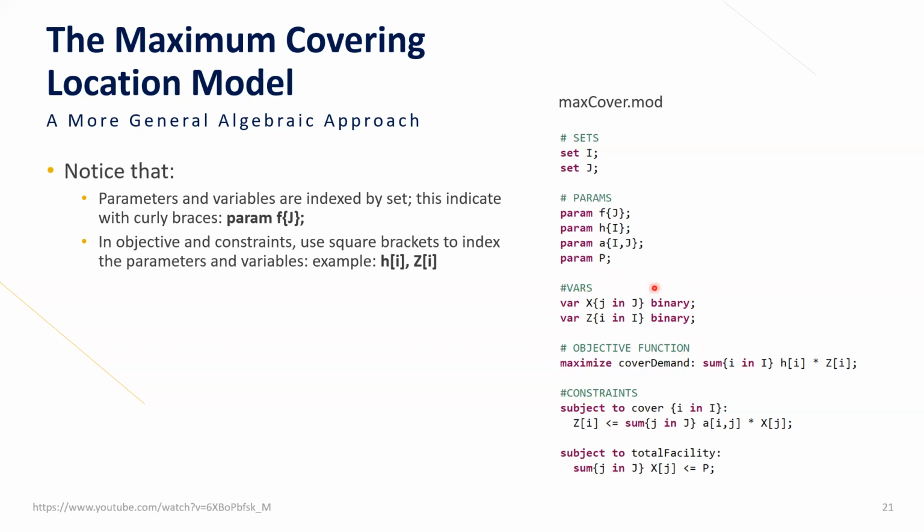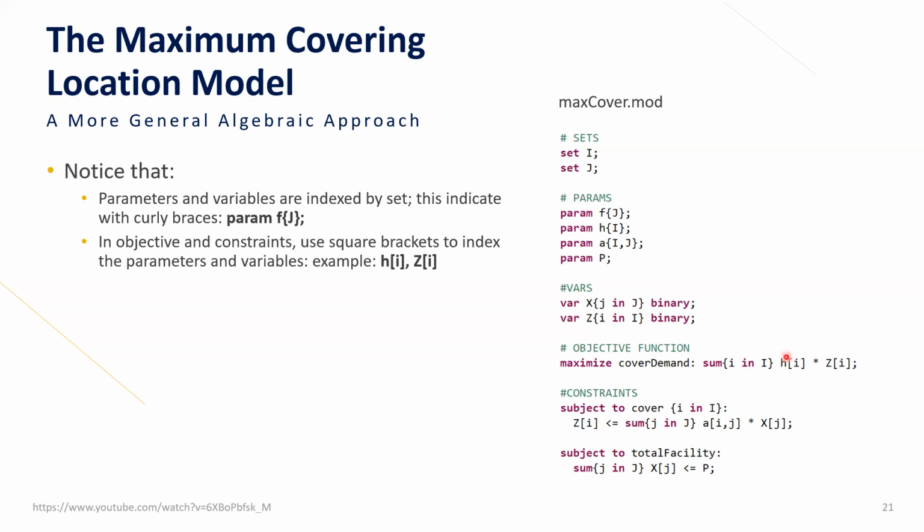And here for the objective and constraint, this is the set, right? Sum i in I, so set I. But for the index here, h[i], you have the first component in set I. Let's say i equals 1, so h1 or ha, hb.